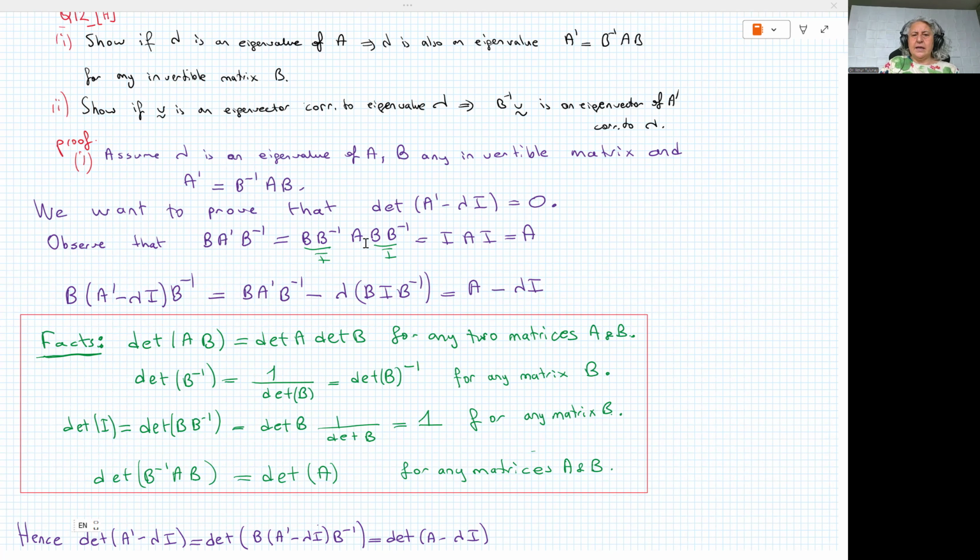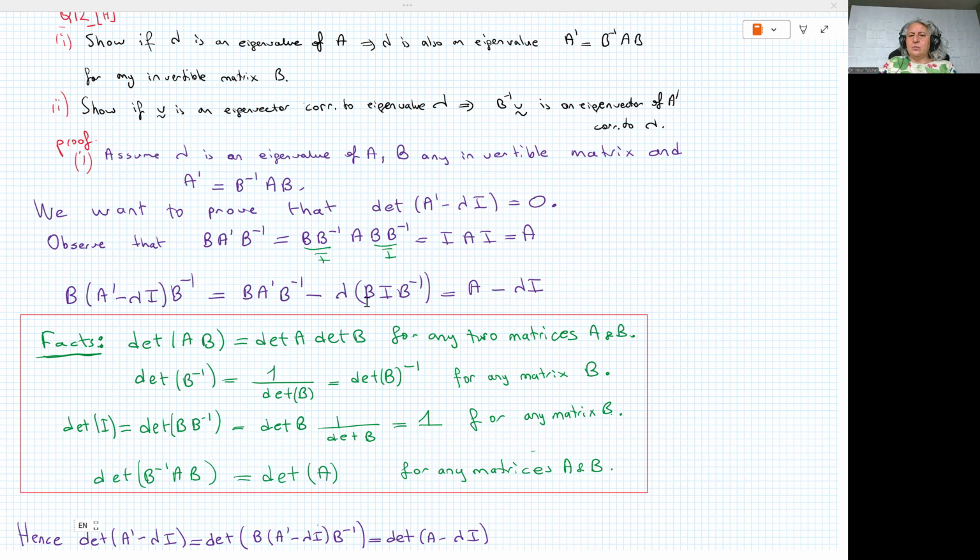If we multiply B from the left and B inverse from the right, as we've done here, I'm not taking the determinant at this moment, I'm just multiplying matrices. Here I have B A prime B inverse, which we've just calculated to be A. From the other side, lambda is a constant, and a constant commutes with all matrices.